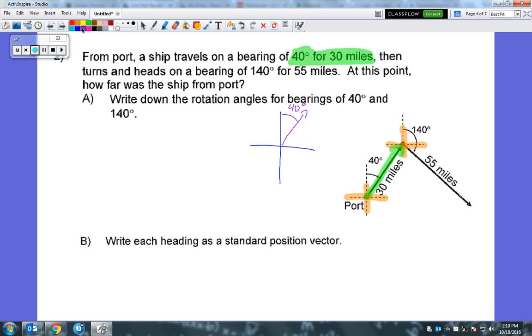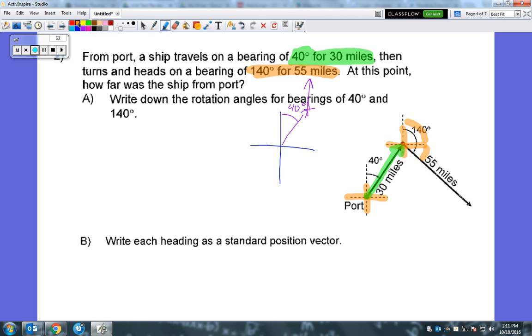Then when you get there, you must face north again. So you're facing north, you figure out what 40 is, but when you get there, I want you refacing north so that whenever it says a bearing of 140, you know how far that is. It will be 90 degrees plus the additional 50 degrees.